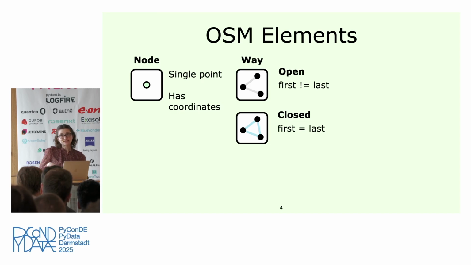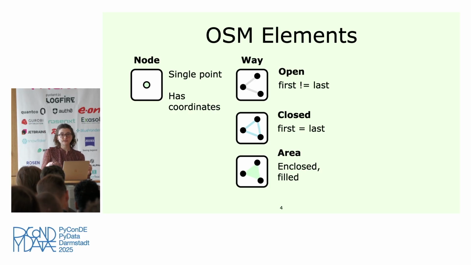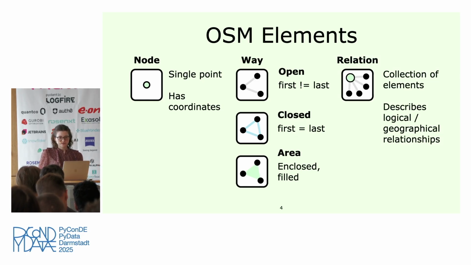And now the park itself, this is a different kind of way. This is an area. It's enclosed and it's filled. So something like a school ground could also be an area. There are some post offices that are also areas. And then finally, we have relations.